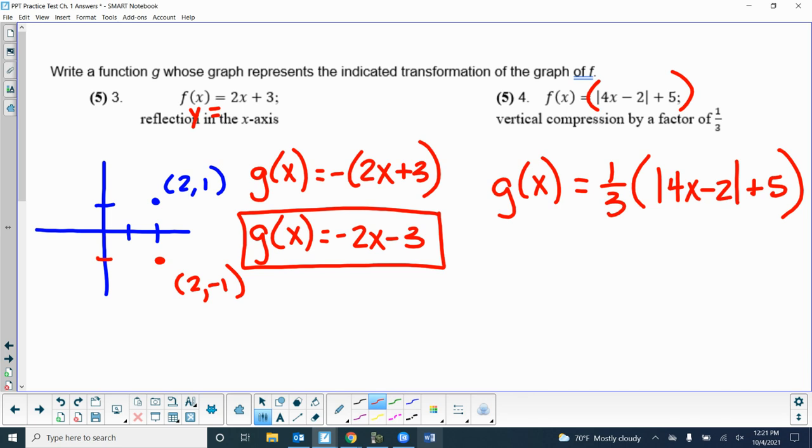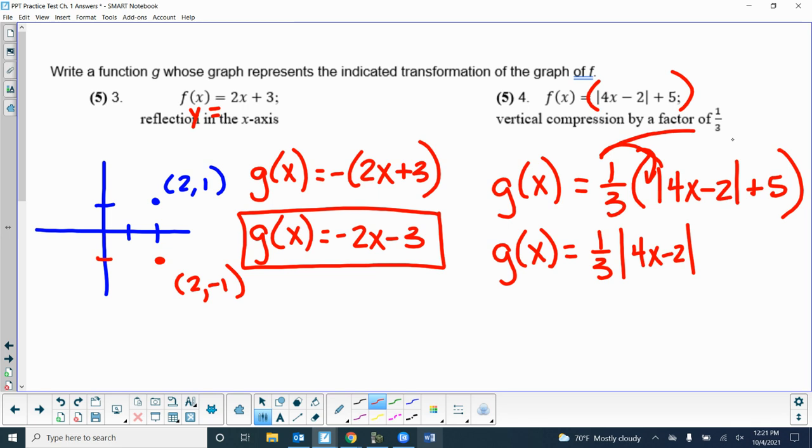No. No, that's something we're not allowed to do. So all I'm doing is putting the 1/3 in front of the absolute value. So 1/3 times the absolute value of 4x minus 2.